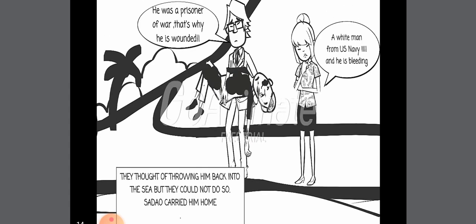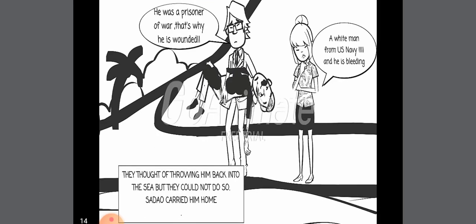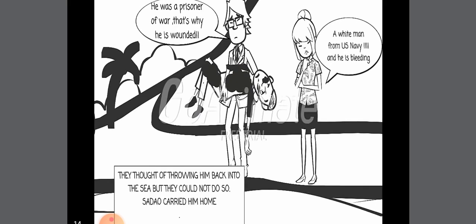Sadao carried him home. This is what we must think about, because here on the one hand was his love for country, his patriotism, because as a Japanese he had the duty to love and serve his country by not helping any American soldier, because they were in a fight with Japan.